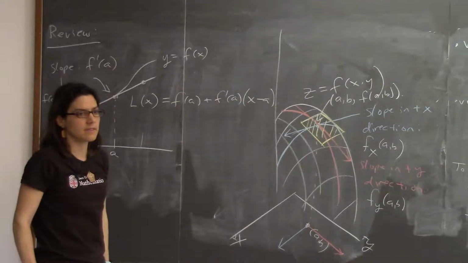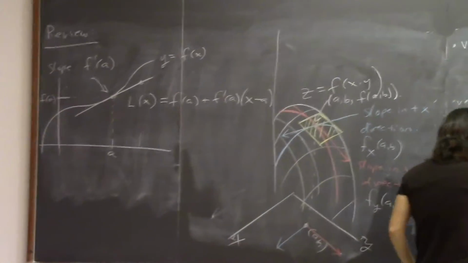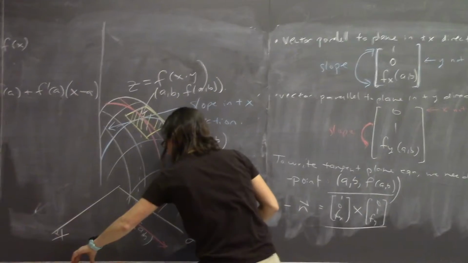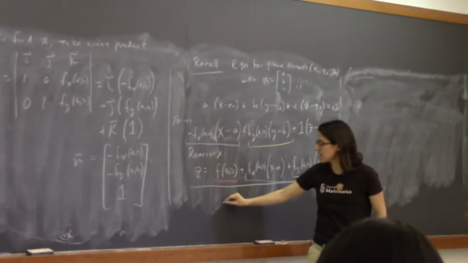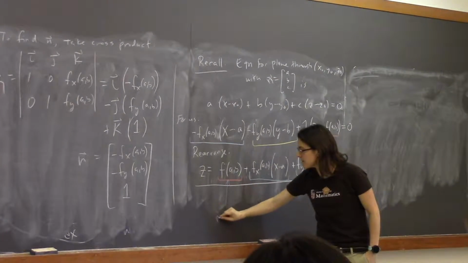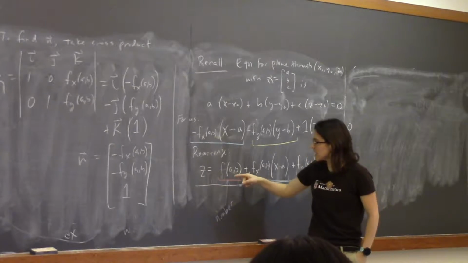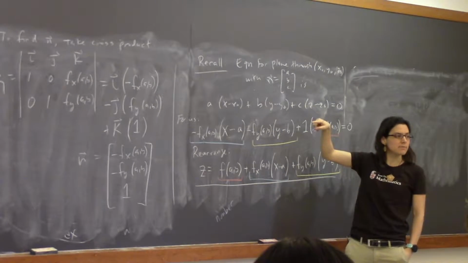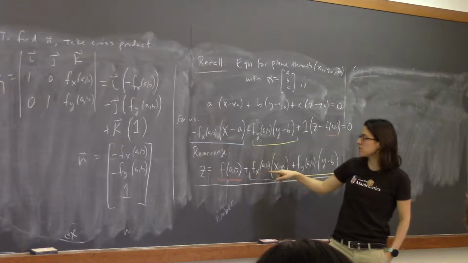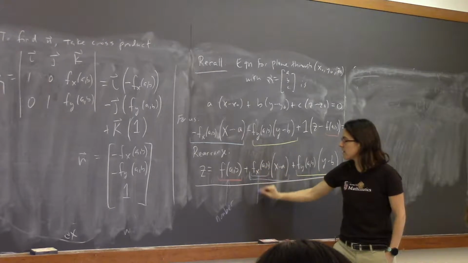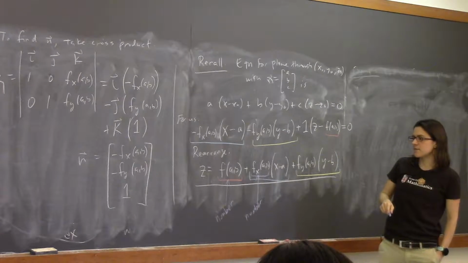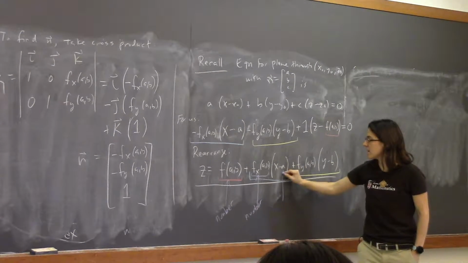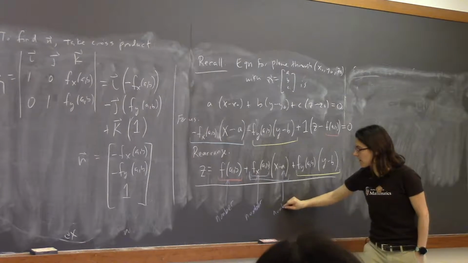So I think we should do an example for sure. One thing I want you to notice is that this f of (a, b) is a number. It's just the height of your plane at that point. The partial derivative with respect to x at (a, b) is also a number. We have had that to be like -2 in the past. a is also a number.